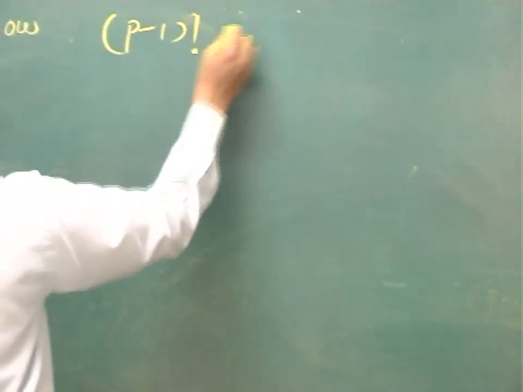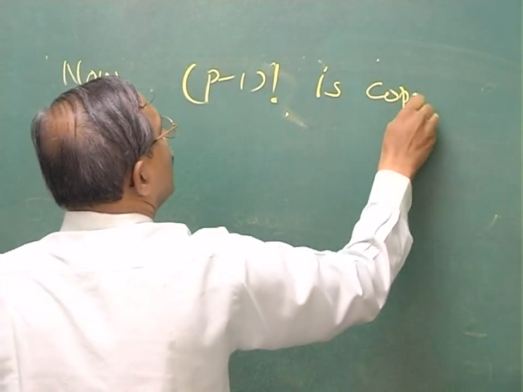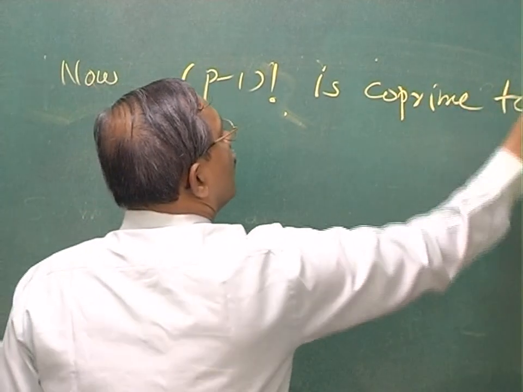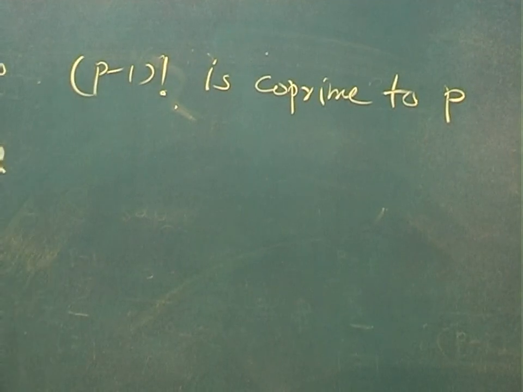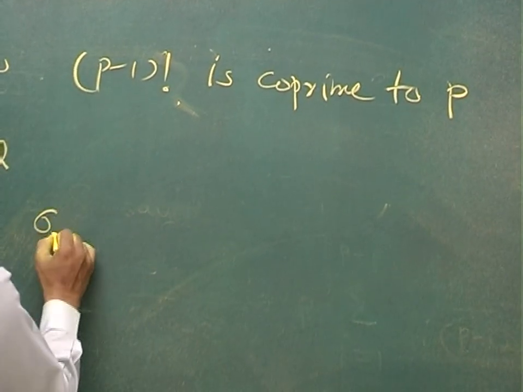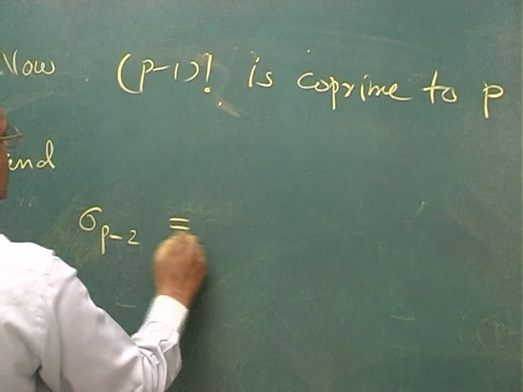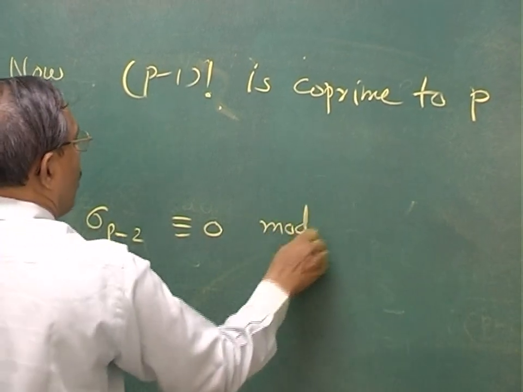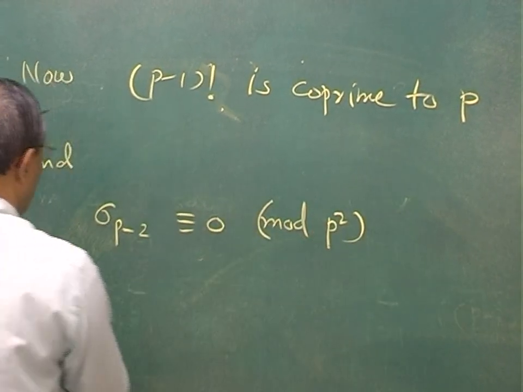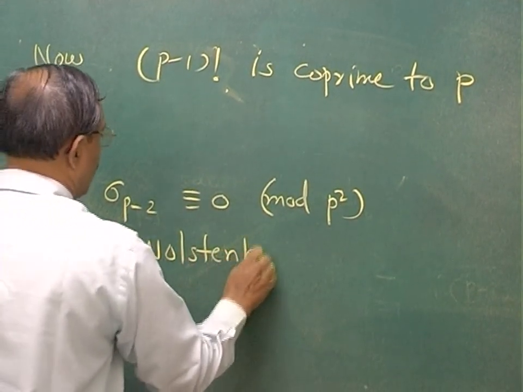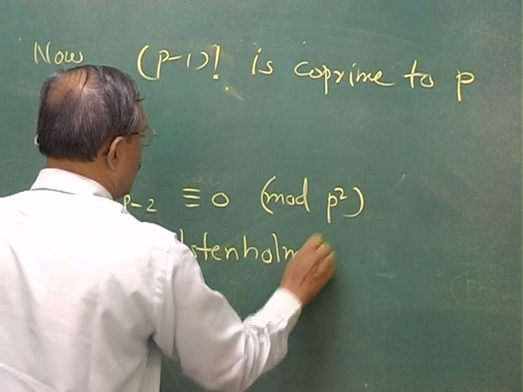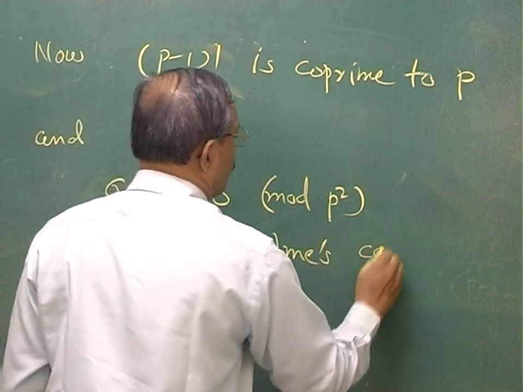Now, p minus 1 factorial is coprime to p, and sigma p minus 2 is congruent to 0 mod p square by Wolstenholme's congruence.